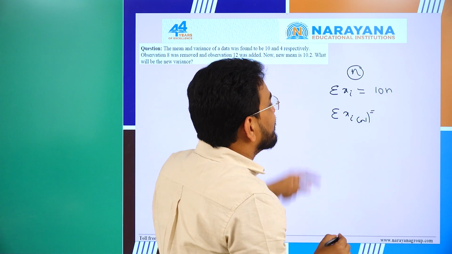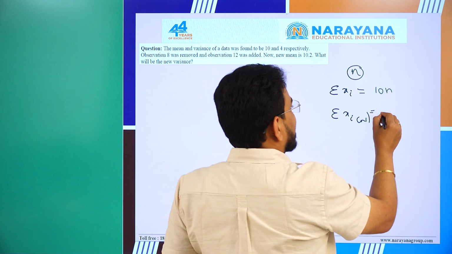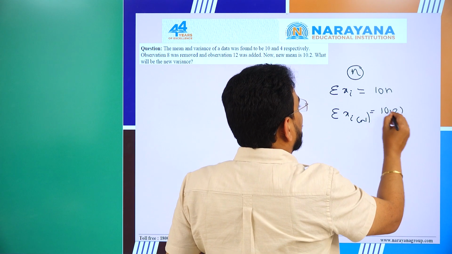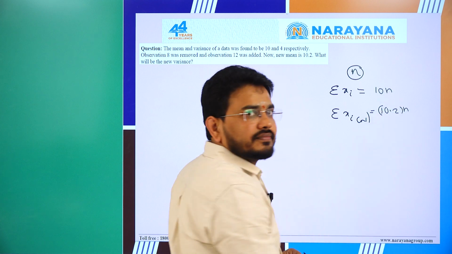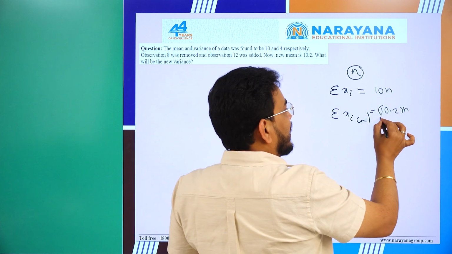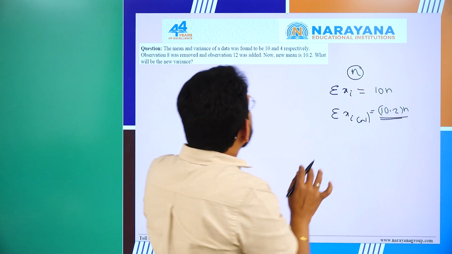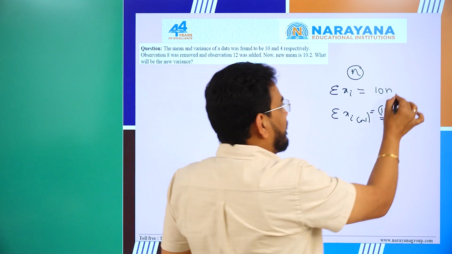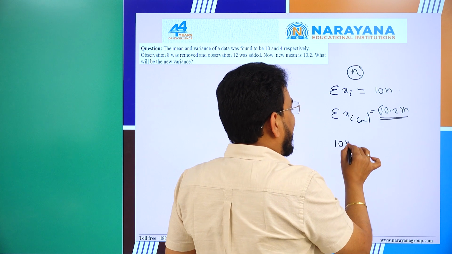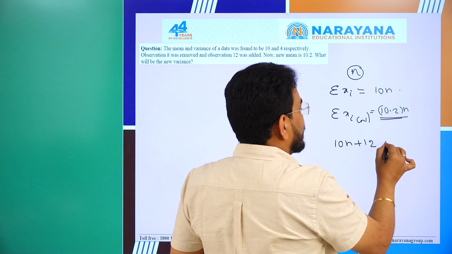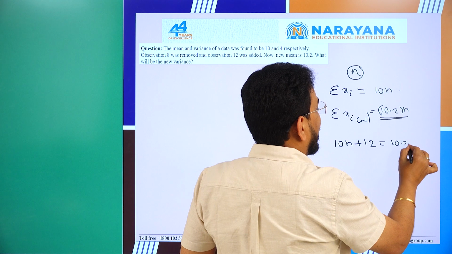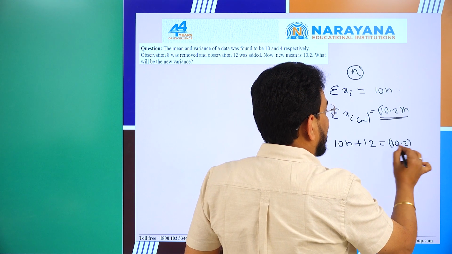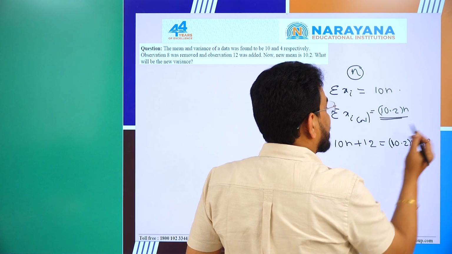New mean is 10.2, so this is 10.2 into n. So from here, what happened? The sum is 8 removed and 12 added. So 10n plus 12 should be equal to 10.2 into n plus 8.